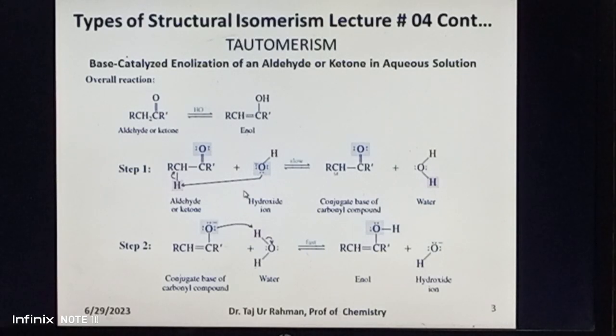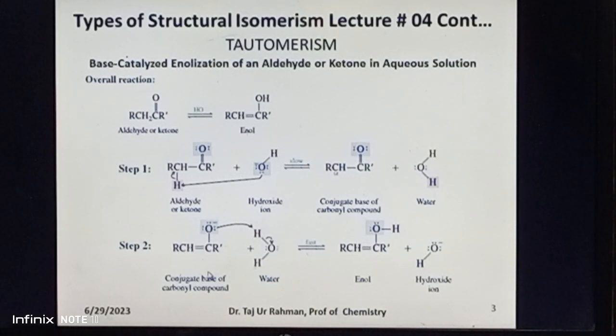In the first step, this base or hydroxyl ion abstracts a proton from this alpha carbon of this carbonyl compound, which may be an aldehyde or ketone, and gives this conjugate base of the carbonyl compound. This conjugate base of the carbonyl compound is a negatively charged species, and this negative charge can be delocalized to this position, and this pi bond can be delocalized to this position, and hence it gives an enolate ion.